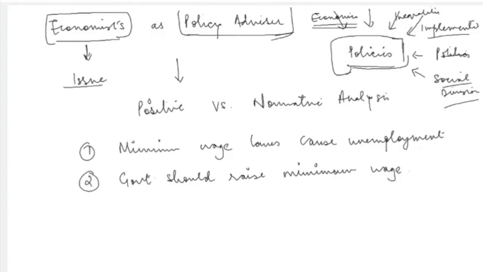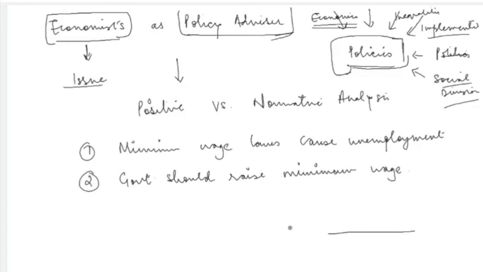The minimum wage laws, you would know that you have minimum wage laws in your country, you have minimum wage laws in a lot of countries, where the government says that no employer will pay their employee a wage below a certain level. So they put a kind of a floor, I mean they put a minimum level that you cannot keep your wages below in the economy.